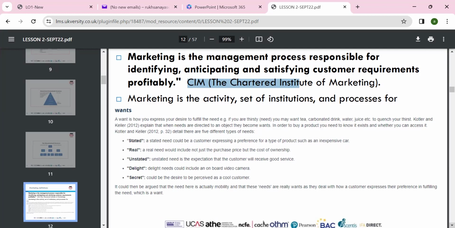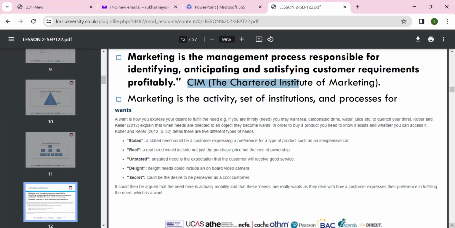We need to look around at which needs the market has. Stated needs could be the customer expressing a preference for the type of product, such as inexpensive cars. Real needs include not just the purchase price, but the cost of ownership.